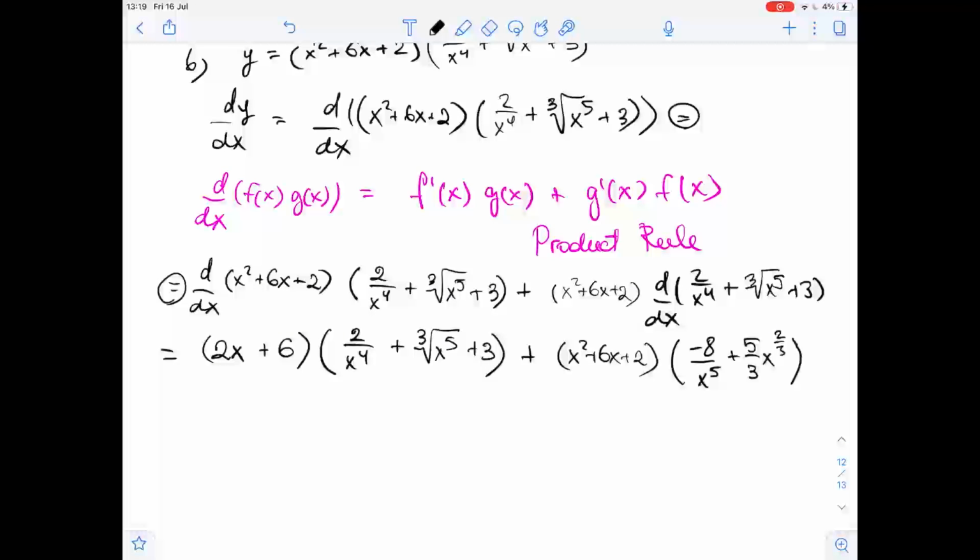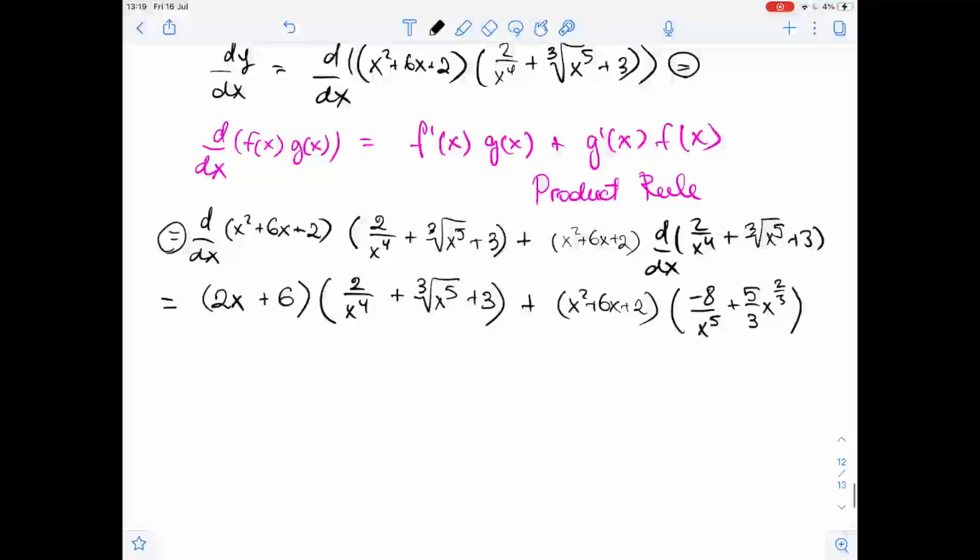So like this. Well, let's try to simplify this crazy expression.